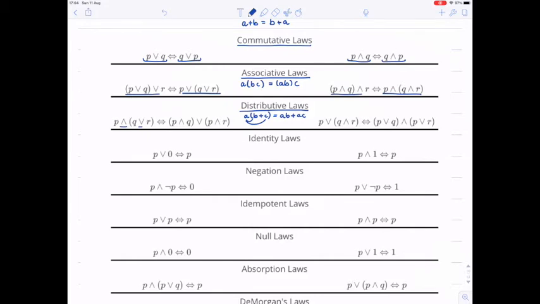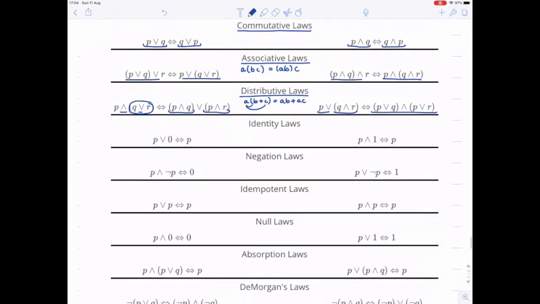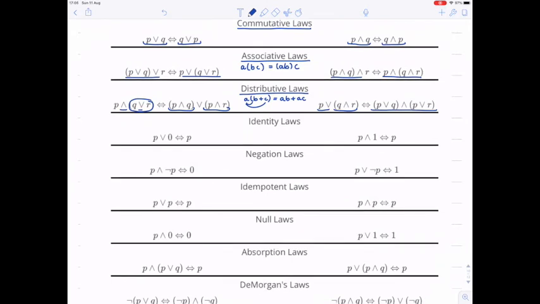So if we've got P and then we've got (Q or R), that's the same as (P and Q) or (P and R). And going the other way around, we've got P or (Q and R), again, distributes. So it looks a lot like the distributive laws for addition. But remember, this doesn't work for negation. For negation, you're going to need De Morgan's laws.